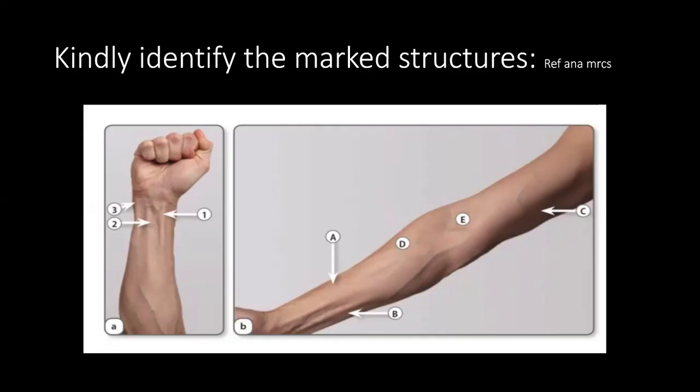Please tell me the insertion of the biceps muscle. Biceps brachii has insertion in the radial tuberosity. Good.